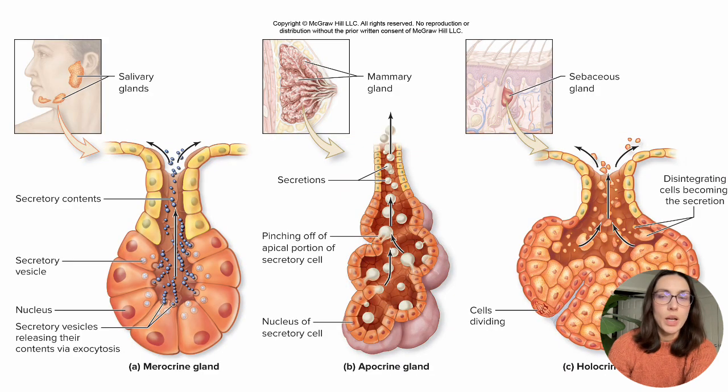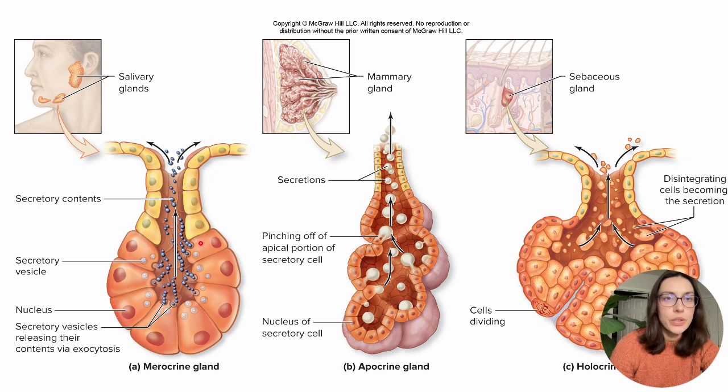materials. Okay, here is another slide comparing the three modes and giving it to you visually. Again, merocrine secretion, also called eccrine secretion, is the most common, and it's just exocytosis.